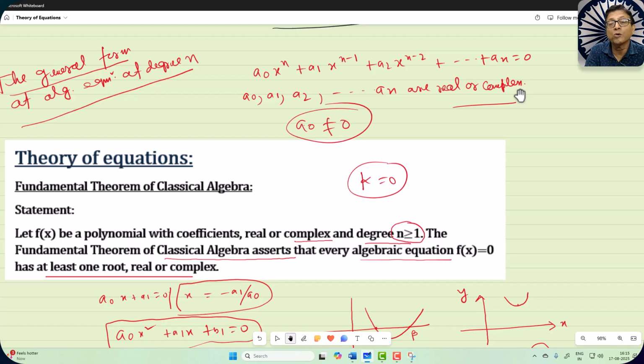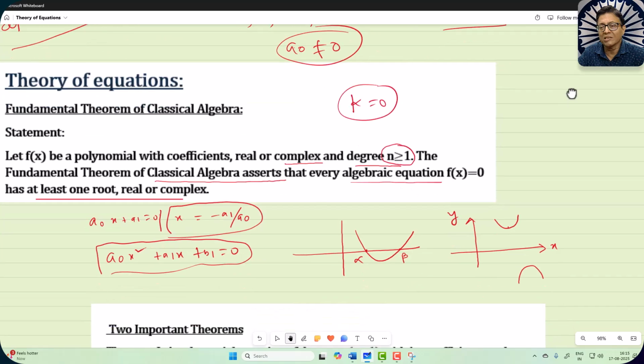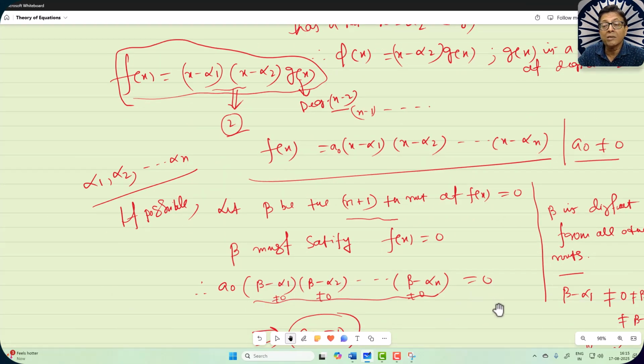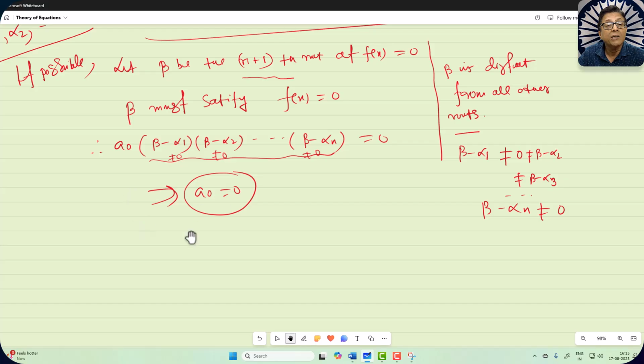Okay, I forgot to put that over there. a0 not equal to 0, whether the roots are real or complex, that is a different issue. But a0 can never be 0. So what result have you reached here? a0 equal to 0. So this is a contradiction. It cannot happen.